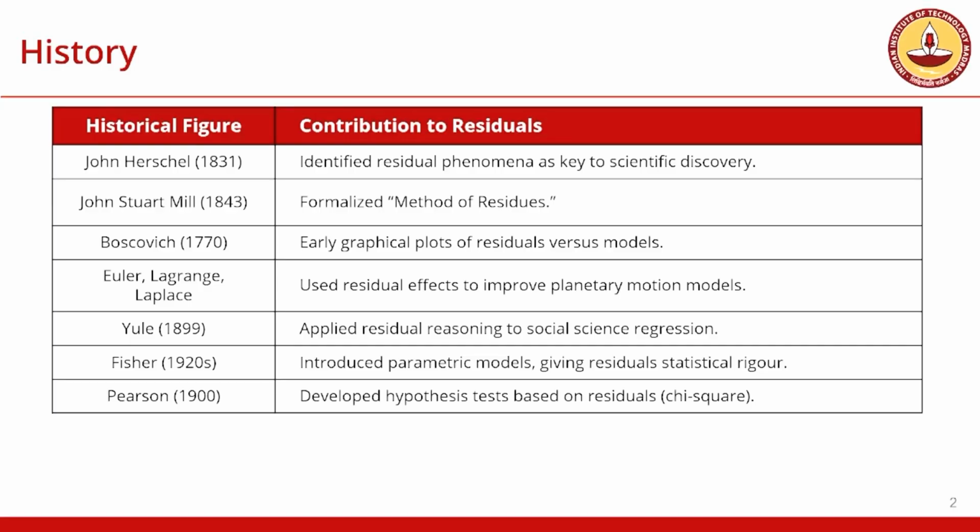Following this, Neyman and Pearson developed hypothesis testing methods, including the famous chi-square test, to evaluate the fit of models based on observed residuals. A well-known example is Pearson's early 20th century dice experiment, involving over 26,000 trials where residuals between the observed and theoretical frequencies were analyzed comprehensively.